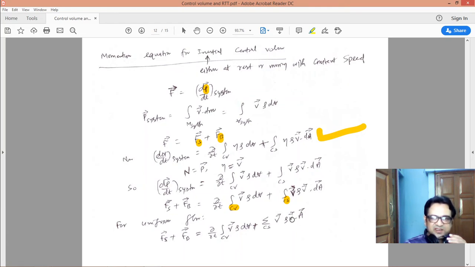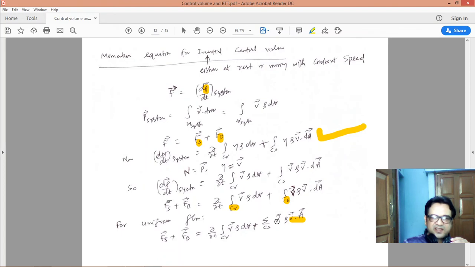This V dot A, if it's inlet, will be negative. If it is outlet, this term will be positive. And the velocity vector you can easily take. Suppose along the x direction we will take a positive value for the x component of velocity. Along the upward direction we will take a positive value for the y component of the velocity.